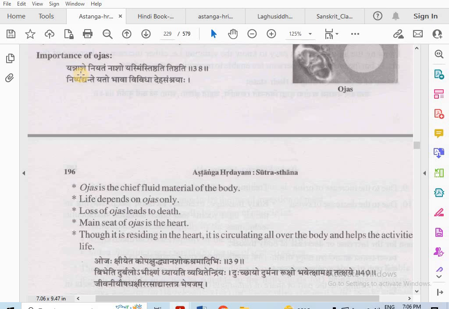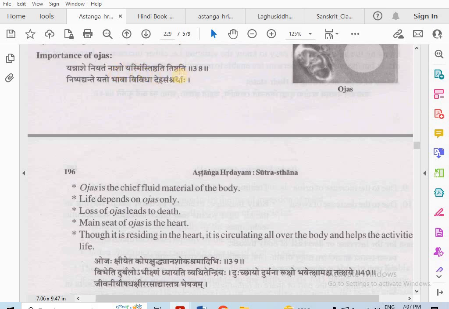So in the destruction of this ojas, niyatam nasaha. Niyatam means fixed, nasa means the destruction of the body. So while this ojas is destroyed, the body should also be destroyed. Niyatam means surely, nasaha means destruction is fixed.